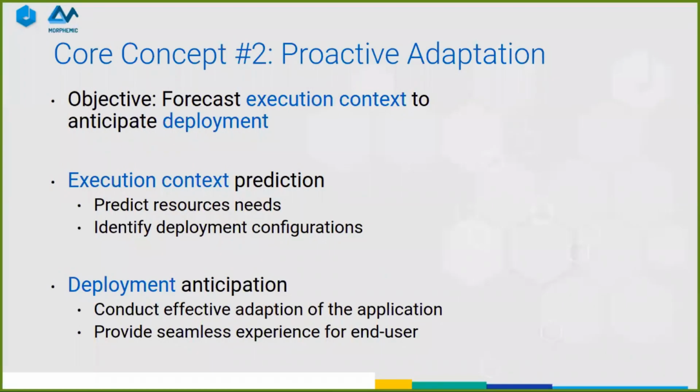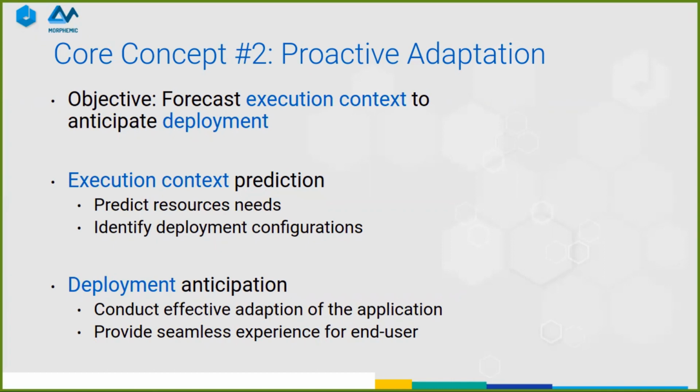The second concept is proactive adaptation, the ability to proactively adapt the application to the expected or estimated workloads. Currently, Melodic is based on the actual values of the metrics, but within the Morphemic project, we want to forecast the values of the metrics and make the reconfiguration before the real usage is needed.